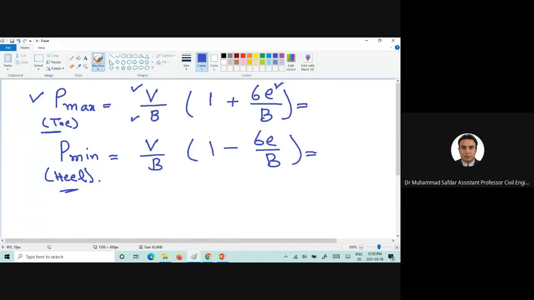The eccentricity value is also given, and the width of the retaining wall is also given. So please kindly give me the value for the maximum base pressure.